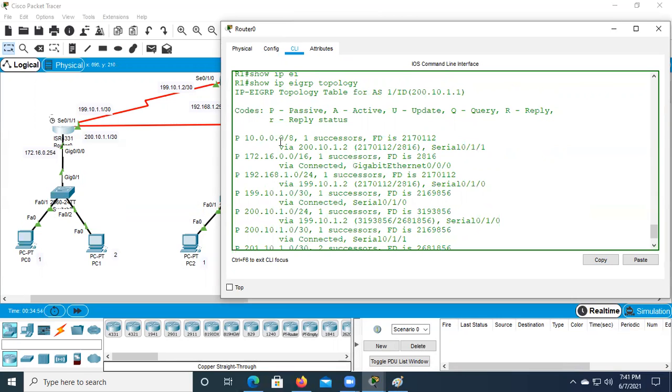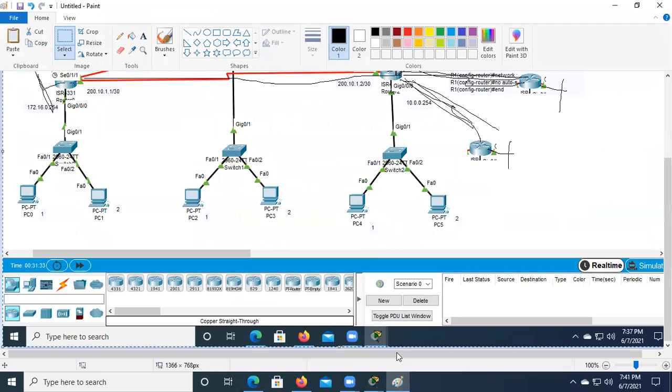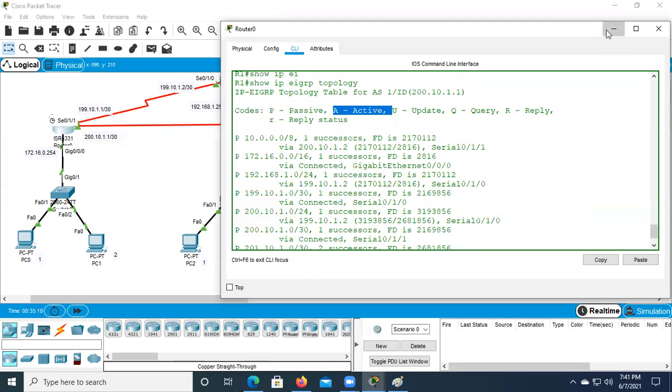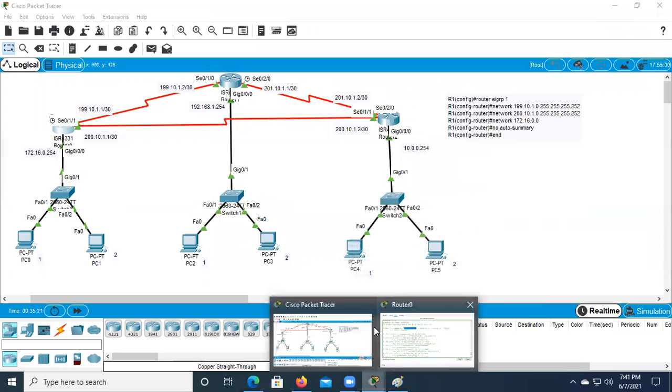A route that has a successor will always be in passive mode, meaning EIGRP is working properly. Passive means good, just a little opposite to normal English. Don't say active means good. No, active means there is a problem. Why active will come, I think I removed the explanation, but I will try to explain this later.